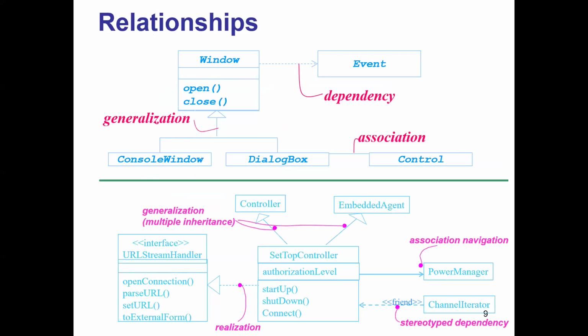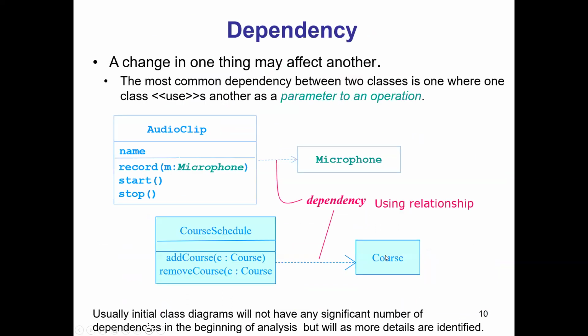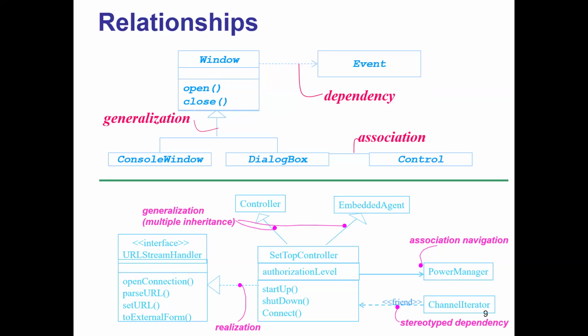The arrow shows you relationship. So for example, if I draw an arrow from here to here, it shows the relationship between this and that. The arrow would tell us what relationship you have.